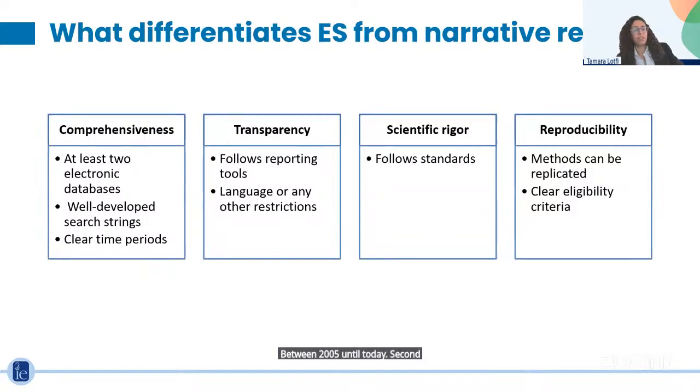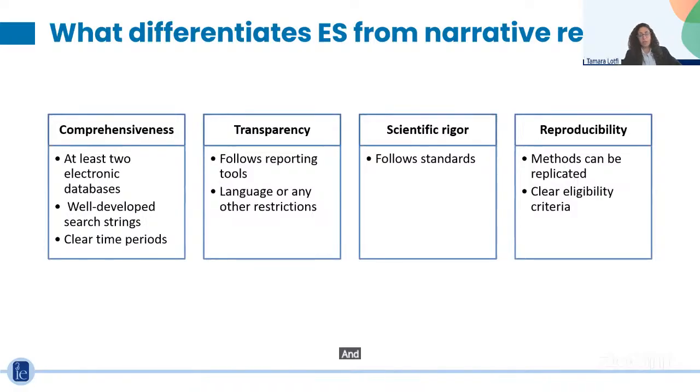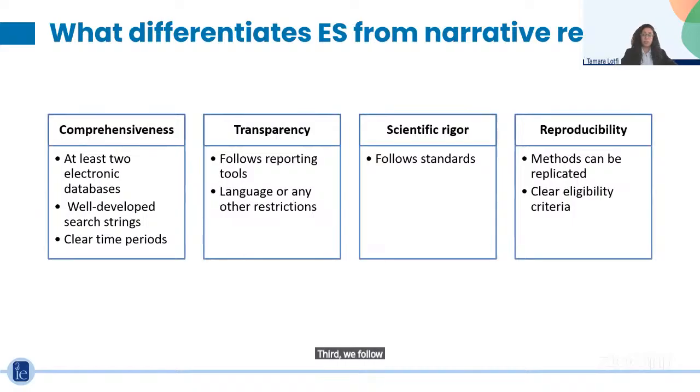Second, in evidence synthesis, we are very transparent, and so we follow reporting tools, which I'll mention later on. And in case we've undertaken any language or other restrictions, we have to be very transparent about those. Third, we follow very high scientific rigor. So there are standards out there that you need to follow.